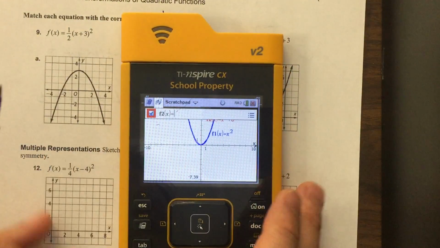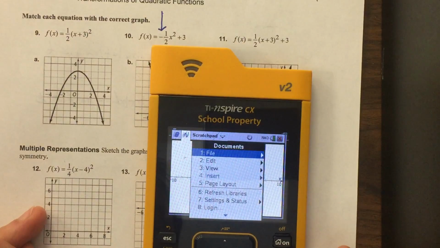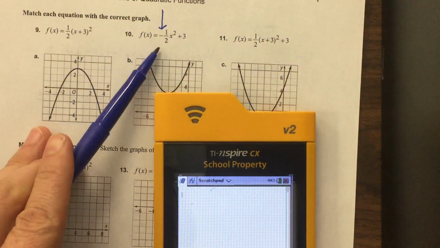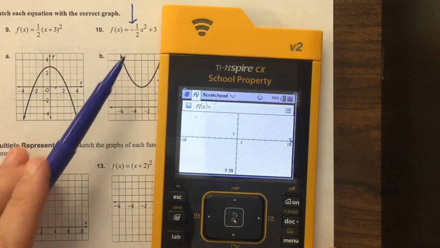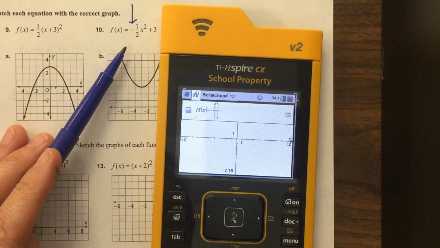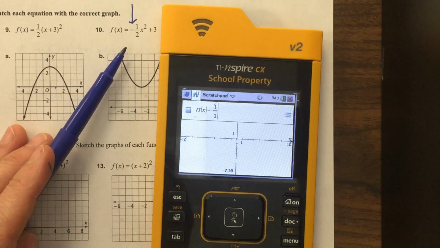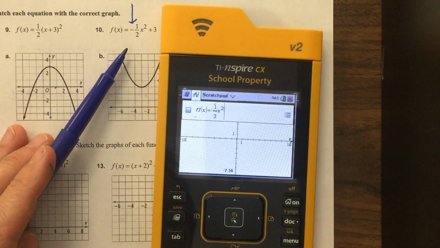Let's go ahead and graph 10. I'm going to get rid of my old graphs. Let's go ahead and graph it just to make sure. So I go to my graph screen, and I put in negative 1/2 x squared +3.